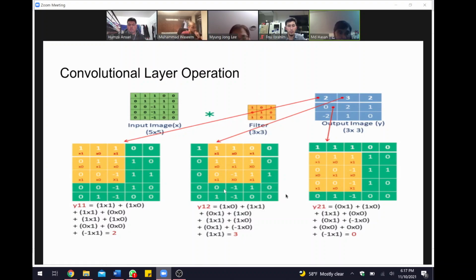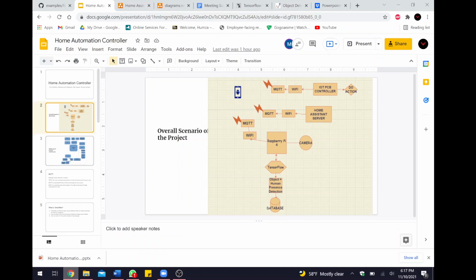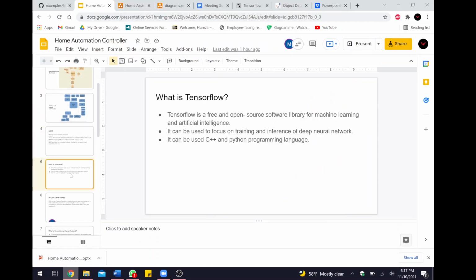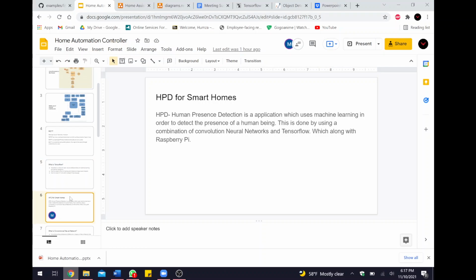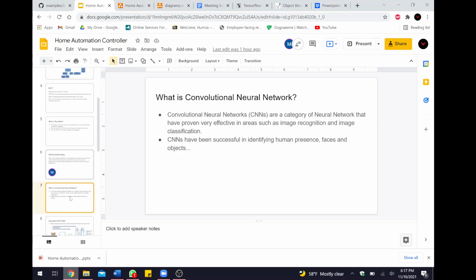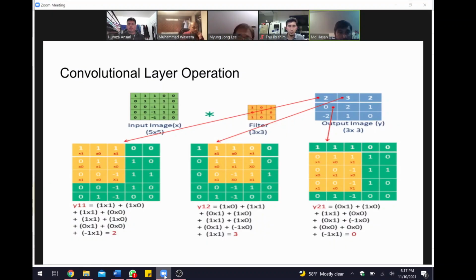Here, the output element at row one, column one is computed by multiplying the filter with the image element by element, and the result is 2. In the same way we shifted the filter one unit to the right, did the element by element multiplication, and got 3.